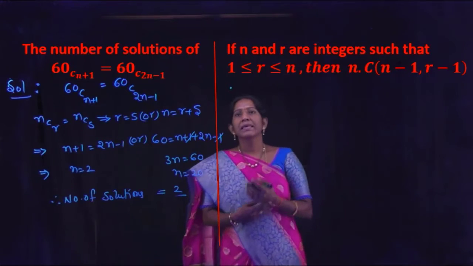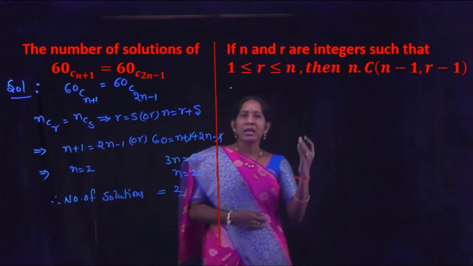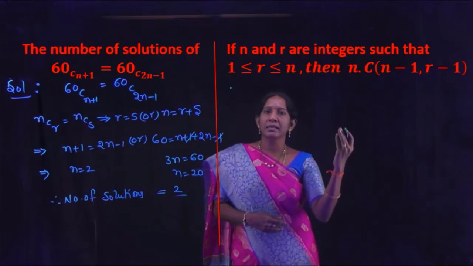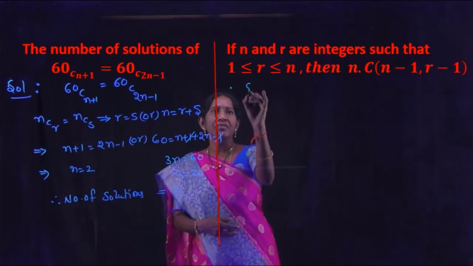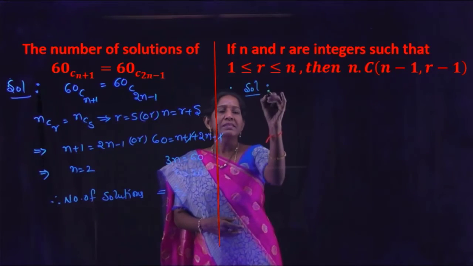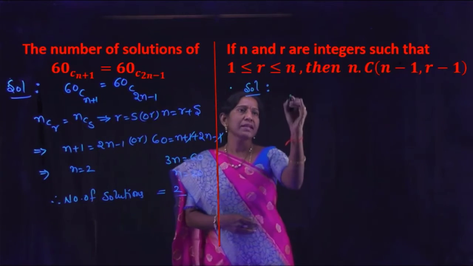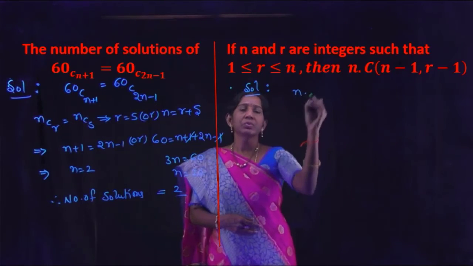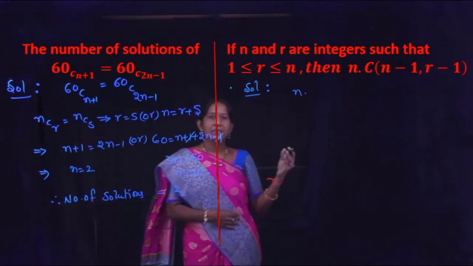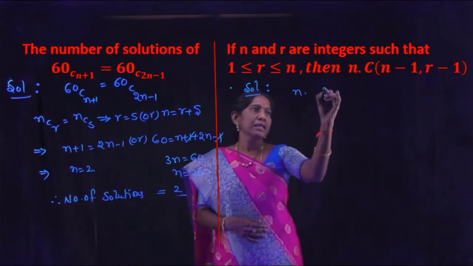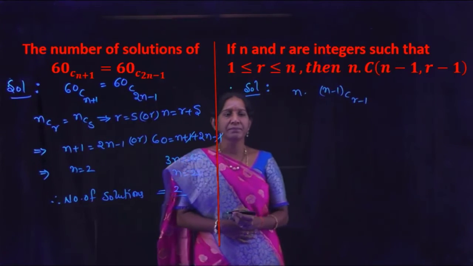If n and r are integers, 1 less than or equal to r less than or equal to n, then find the value of n into C(n minus 1, r minus 1). So, that is n into C(n minus 1, r minus 1), that is also nothing but (n minus 1)C(r minus 1).